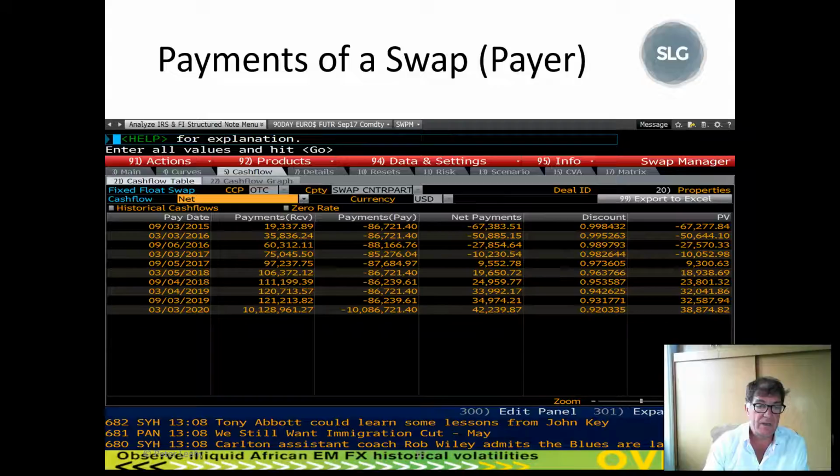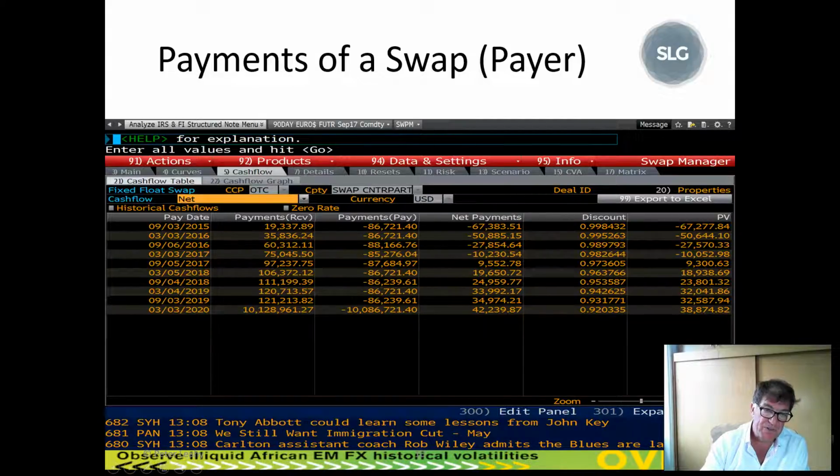And you can see here I take the cash flows of a swap, in fact the swap looked at earlier, and this is a receive floating pay fixed swap, exactly as our corporate treasurer would want to do.